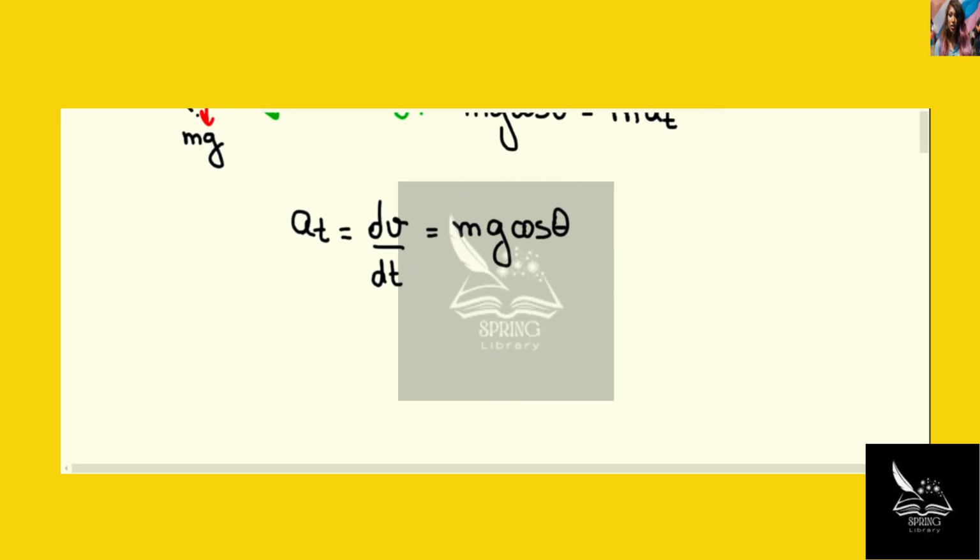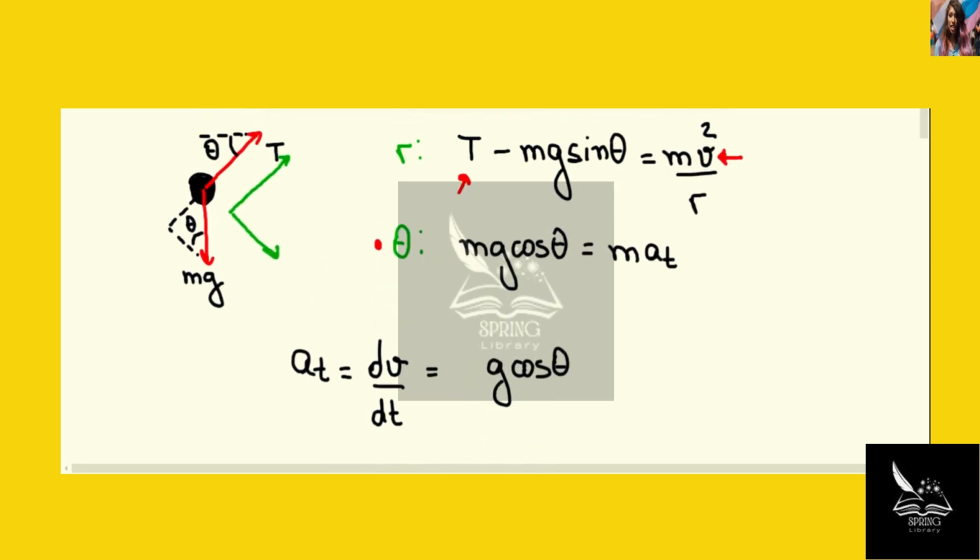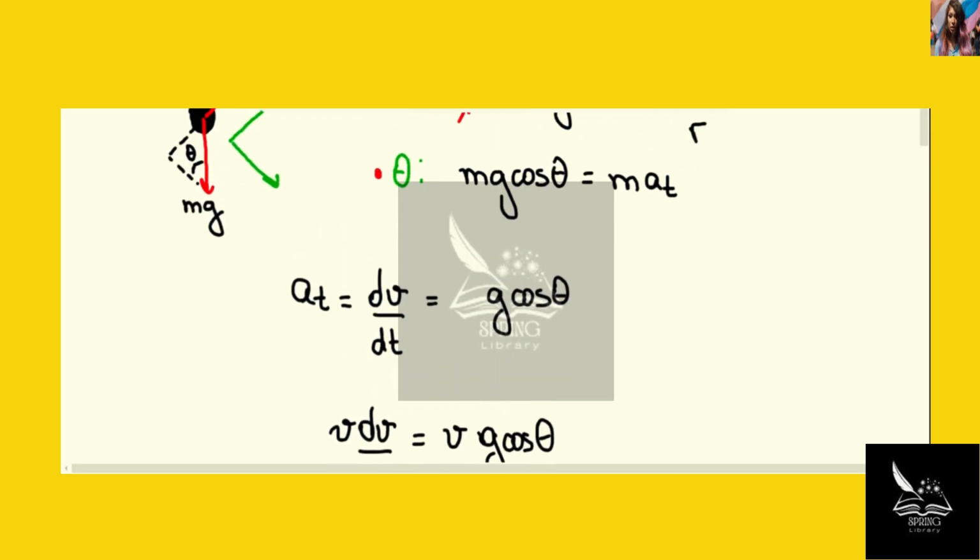I'm going to multiply both sides by v, so we have v dv/dt is equal to v g cosine of theta. Now notice that I wrote something wrong here. There shouldn't be this m. It should already have been canceled out.